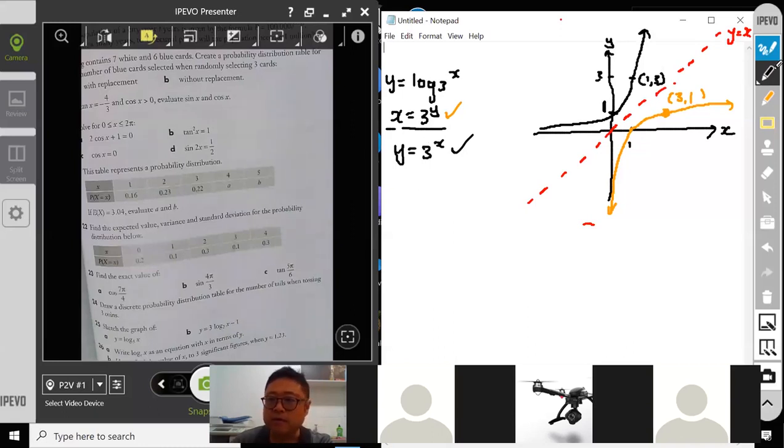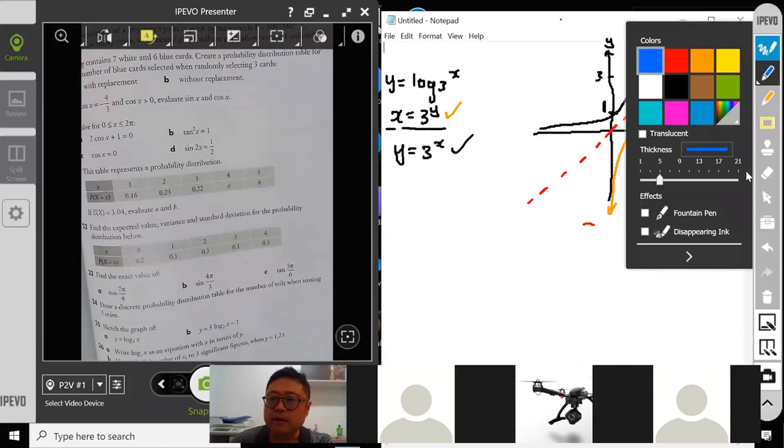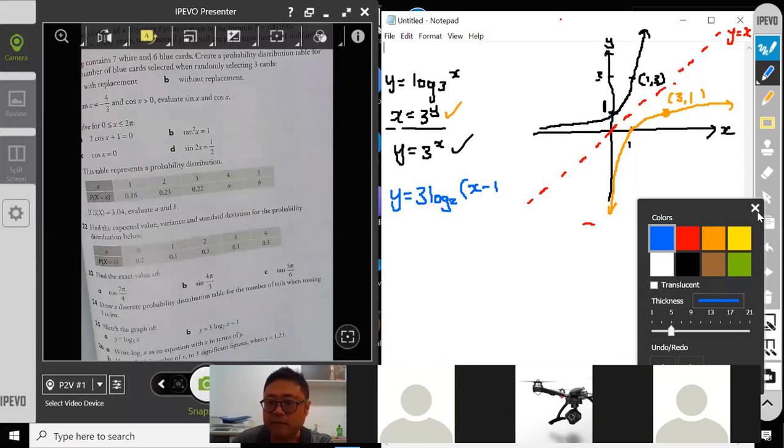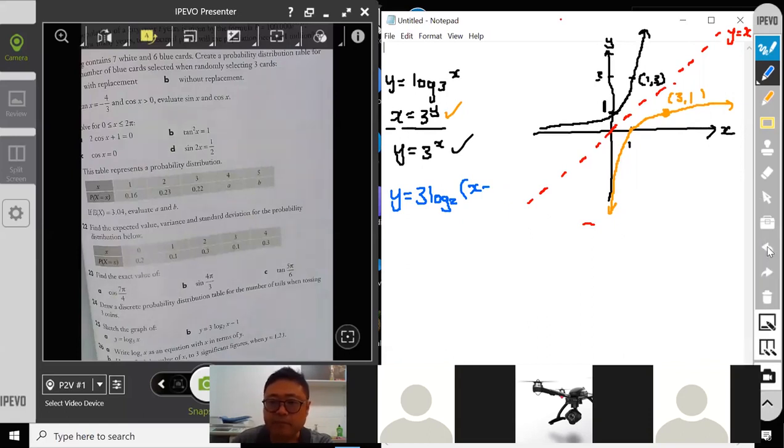Let's use blue so we can keep them separated. So you've got y equals 3 log base 2 of x minus 1. Let's invert that into exponential form. Someone want to do that for me?